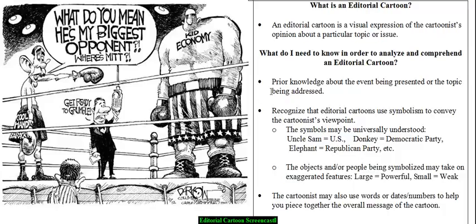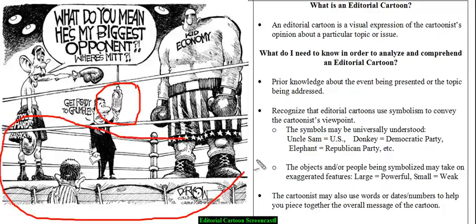Other objects in the cartoon, well, there's 2 other objects that are noticeable. One, the microphone, and then the second being the ring, which the boxers are located in, as well as some lights up here.